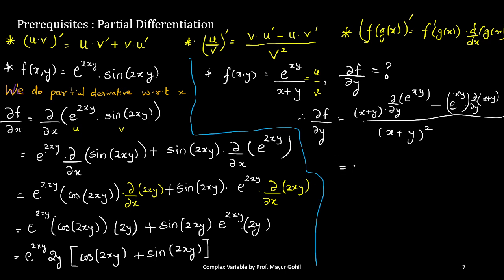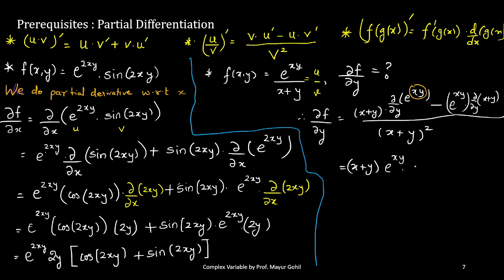So when I simplify this, I'll get x plus y, and the derivative over here will be e raised to xy times, now see this xy. This xy is a function of x and y, but we are taking the derivative with respect to y, so x is going to be treated as constant.